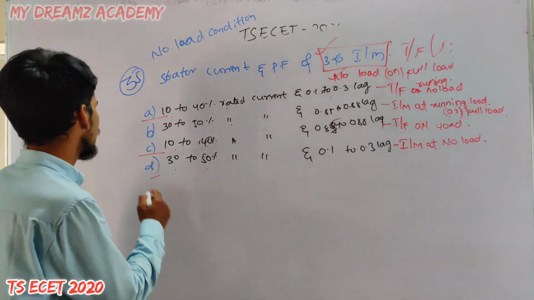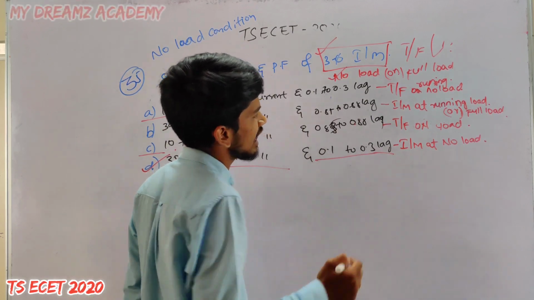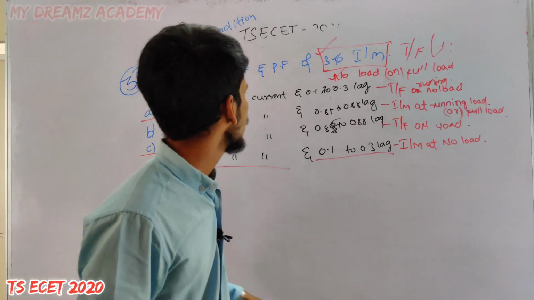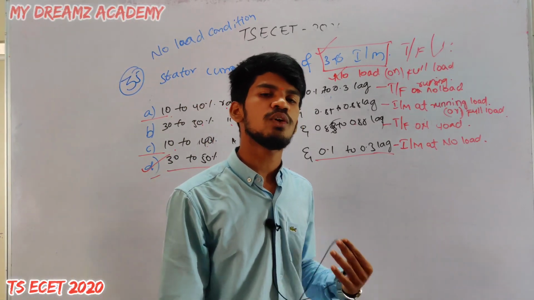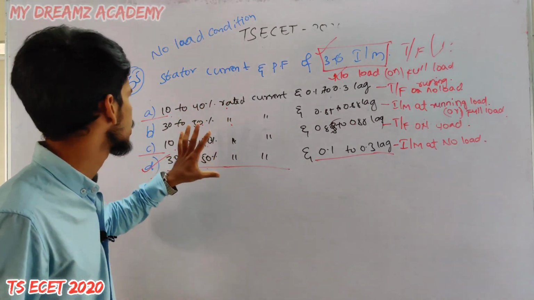So our right option is D, 30 to 50% rated current and 0.1 to 0.3 lag, induction motor at no load condition. I hope everyone understands.